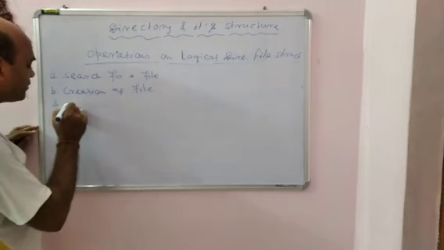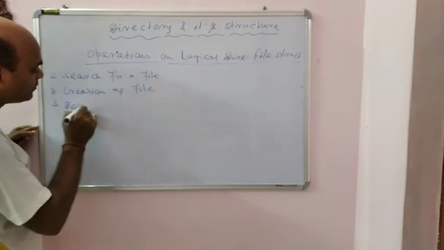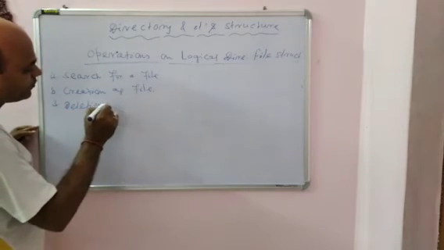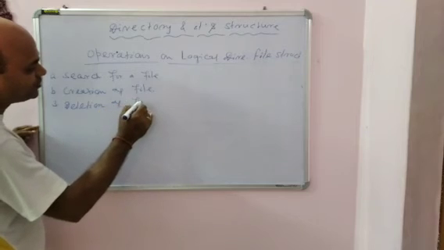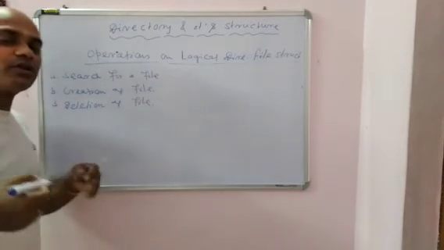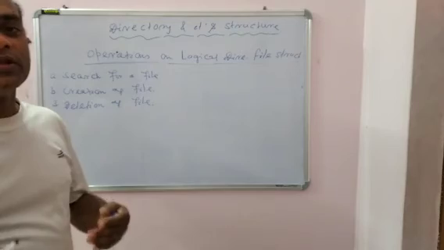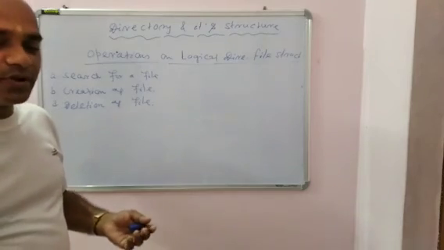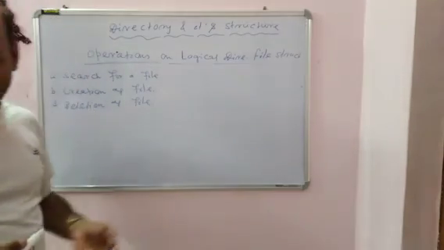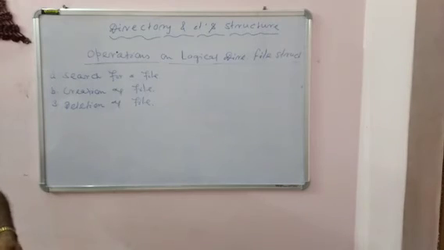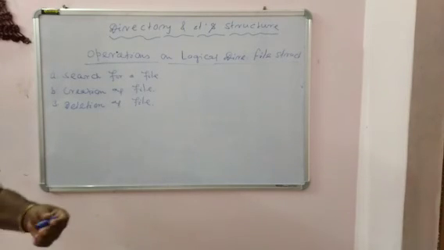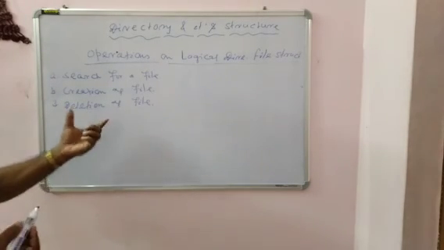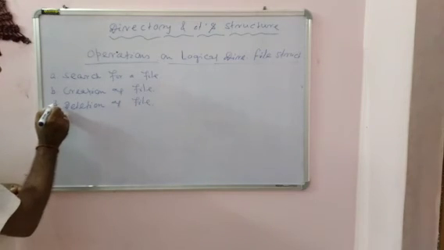Then we can also remove, the deletion of a file from this directory structure. If you feel a particular file is no longer required, it can be removed. That is the deletion of a file.